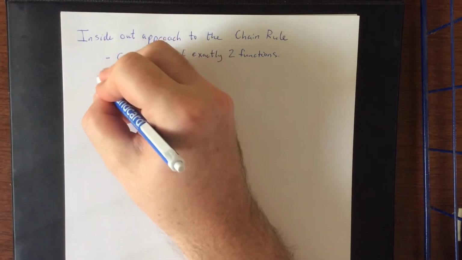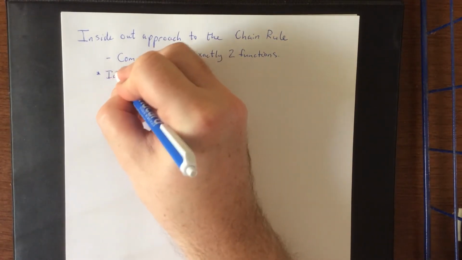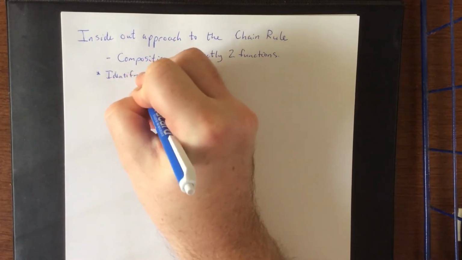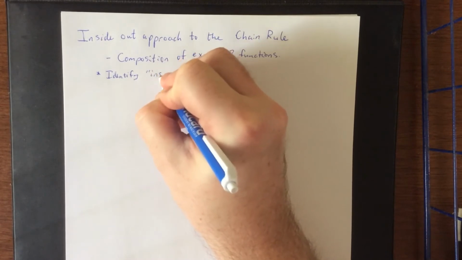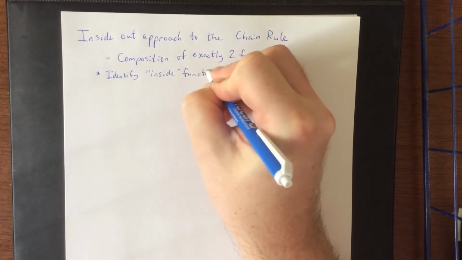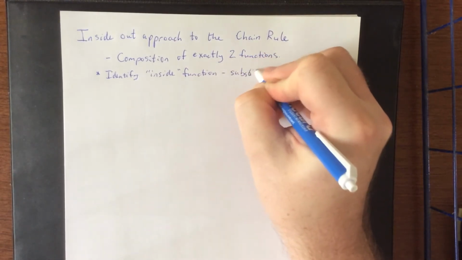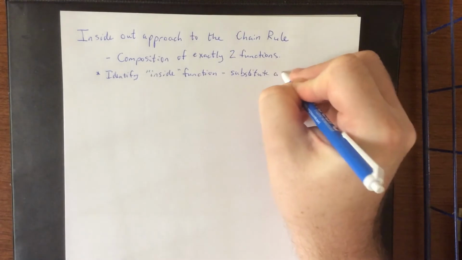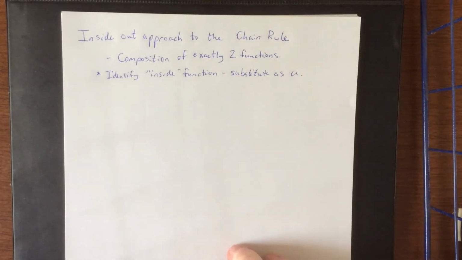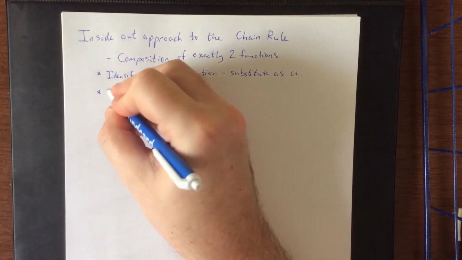So the technique that we'll be using here is to identify the so-called inside function and perform a substitution on it. Now, usually what we do is refer to that inside function as simply being the function u. Then we're going to take some derivatives.